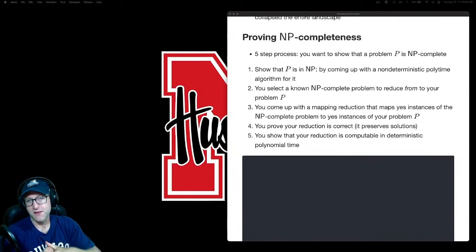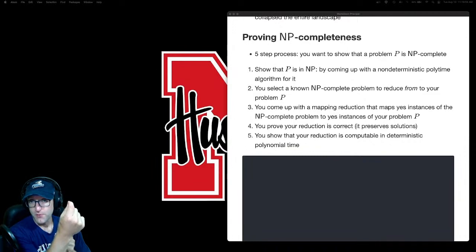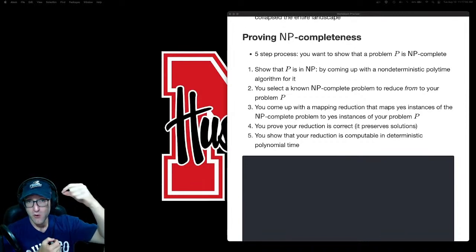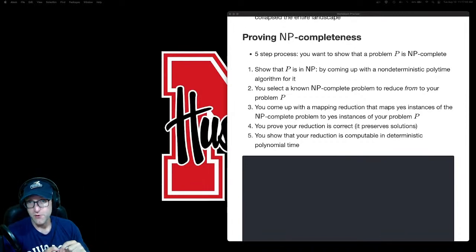Then that would collapse the entire landscape down to P. So you need to select a known NP-complete problem to reduce from to your problem, establishing that relative complexity. Now, by symmetry, of course, and definition, your problem would also then reduce to that NP-complete problem, because every NP-complete problem reduces to every other NP-complete problem by definition.